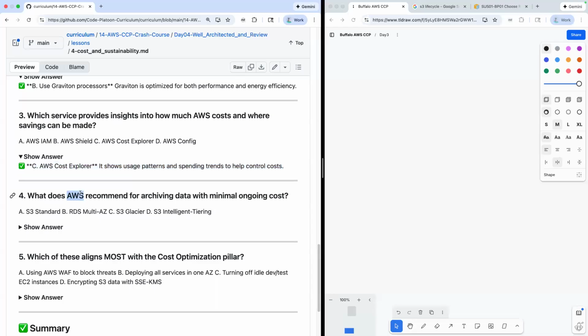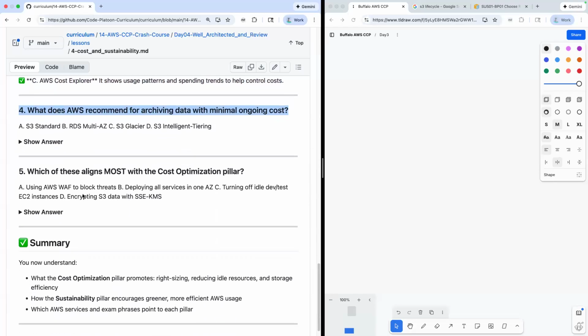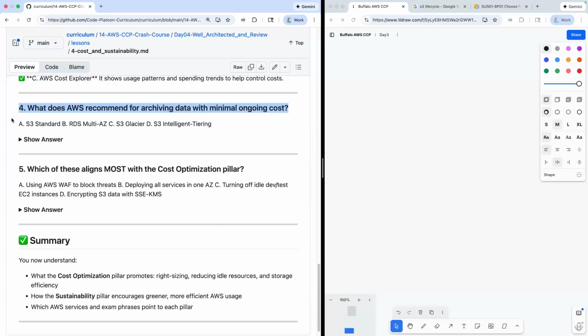Chris, question four, what does AWS recommend for archiving data with minimal ongoing cost? Trying to recall what S3 standard was.